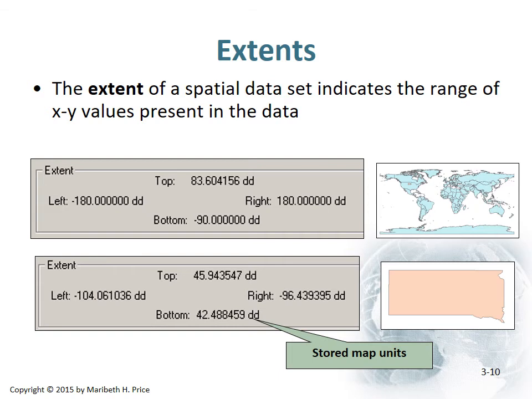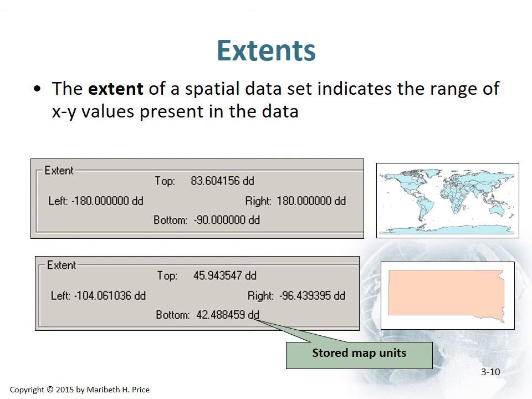The spatial extent of a map is good to know. It gives you an idea of the scale of the map. Here we see two different entries from data sets, one of them showing most of the planet and one of them showing just a portion of the planet. Each of these gray boxes corresponds with the map shown to its right.